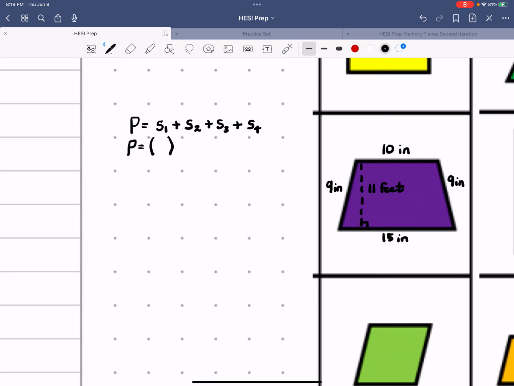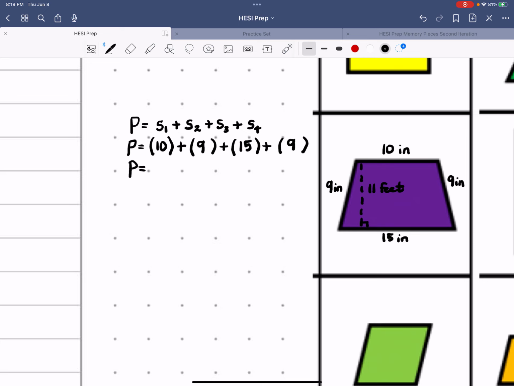So I put in a pocket for each of those variables. And it doesn't matter because you're adding them up. Just put all of the sides in there. The 11 is not a side. It's an imaginary line on the inside, so you would not count it.